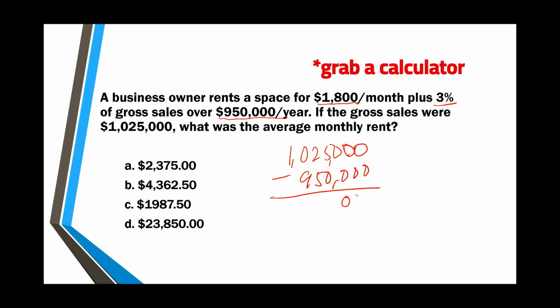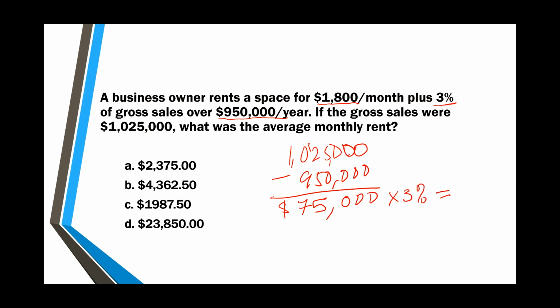All right, so that's 75,000. So we want 3% of this. $75,000 times 3% is $2,250. And this is for the whole year.